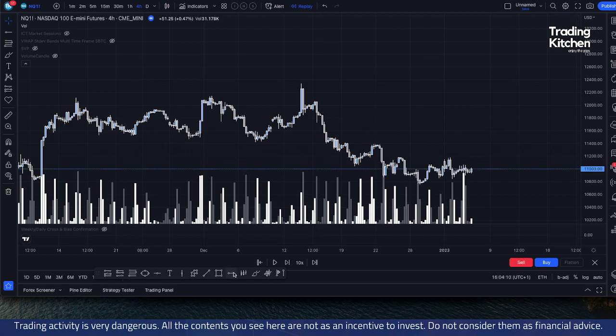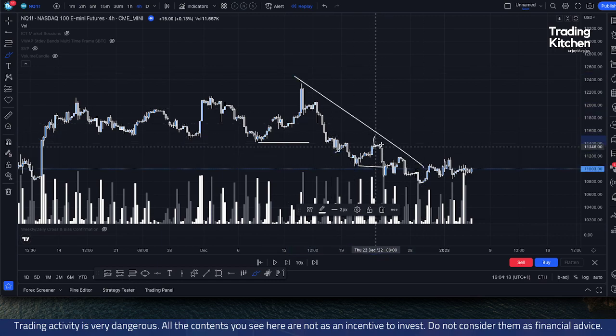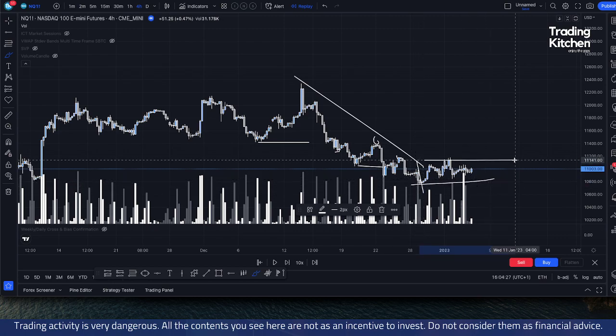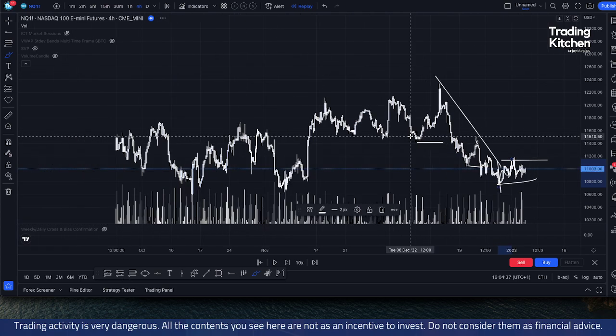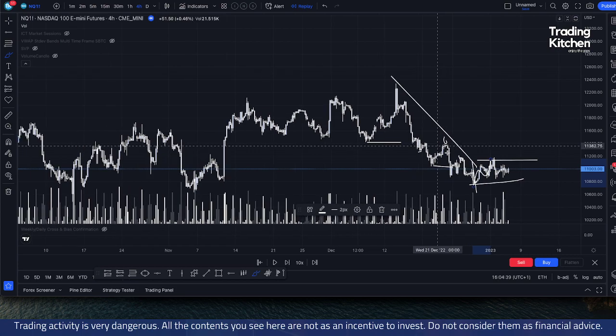Because we have so many structures that have been broken here, here, price keeps on going down, lowest lows, no highest highs until here. From here we have one higher high, no lower lows. So the macro structure is short and we are now consolidating.